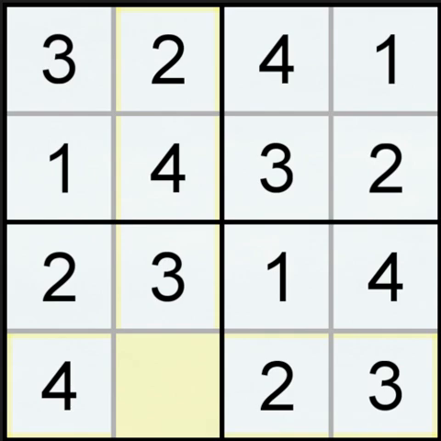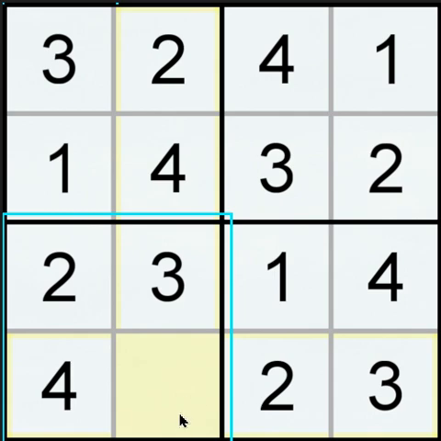Step 9. The lower left black box has one missing number. Can you tell me what number that is? Count. What number is missing? Did you say 1?